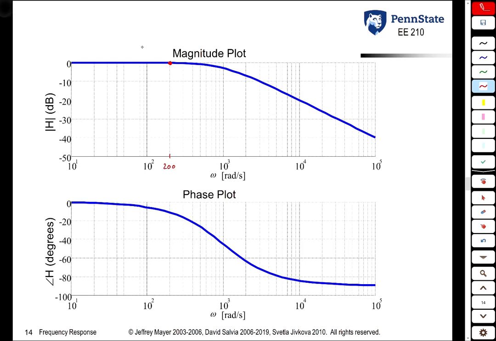So we say it's approximately 0 dB, which of course corresponds to a gain of 1. Phase, once again at 200 radians per second, is approximately minus 10 degrees. That's about as close as we can approximate based upon the resolution that we have in this figure.